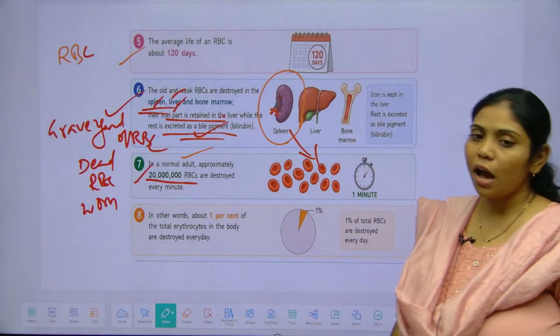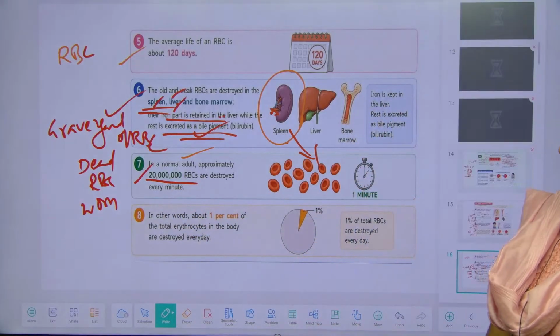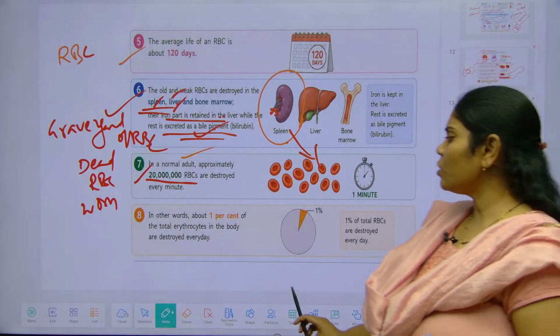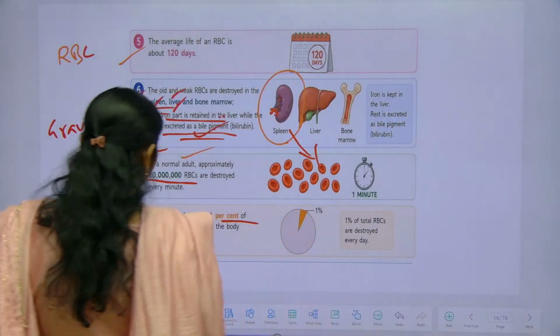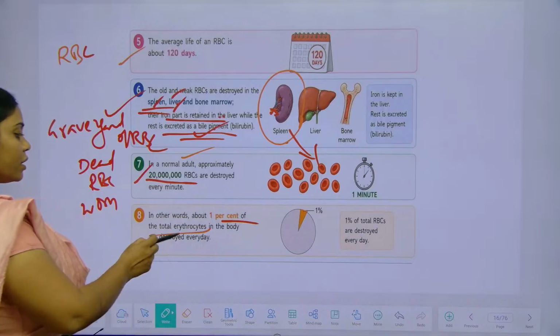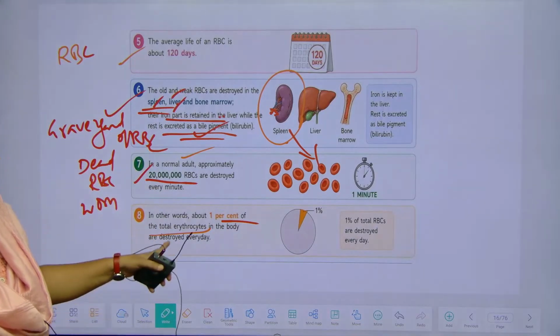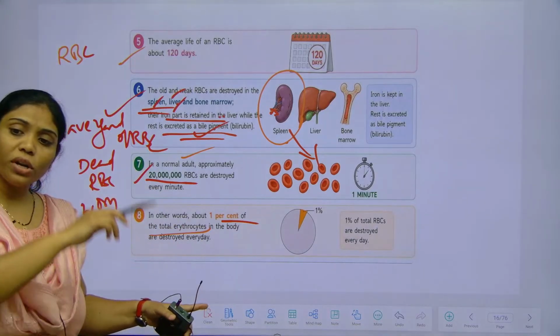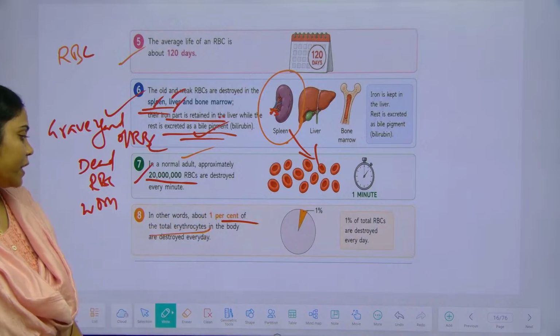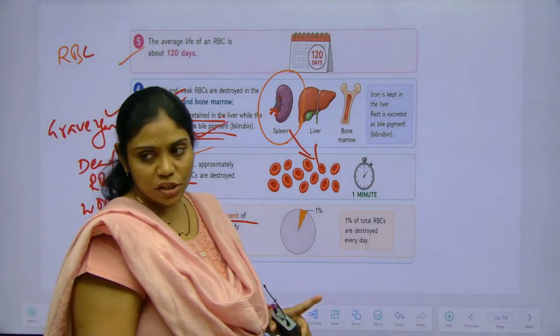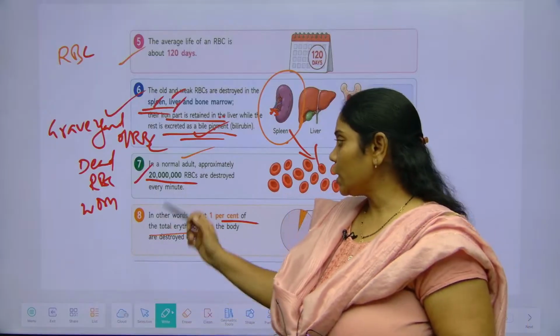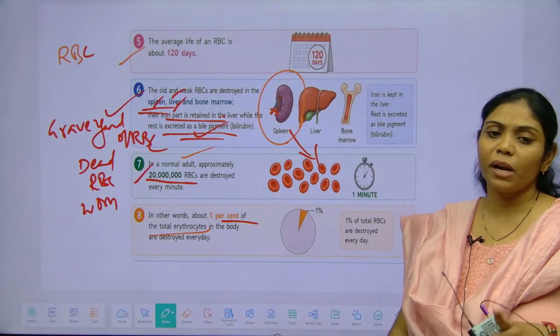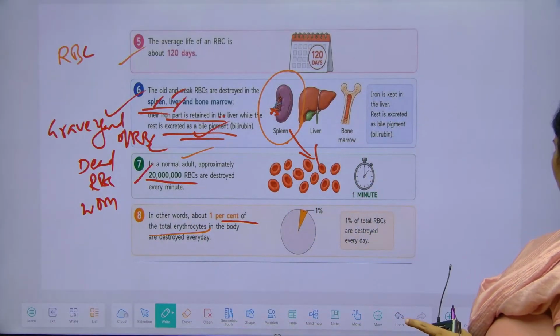In other words, only 1% of the total erythrocytes, the total RBCs, is destroyed. In number terms, 20 lakhs, or percentage-wise, 1%.